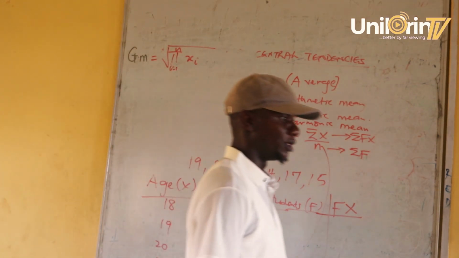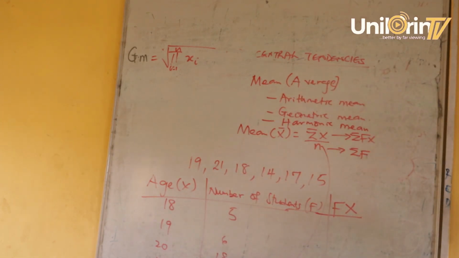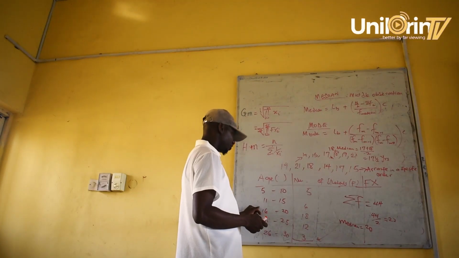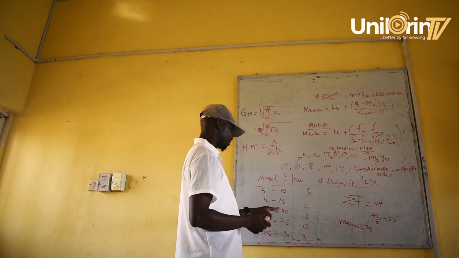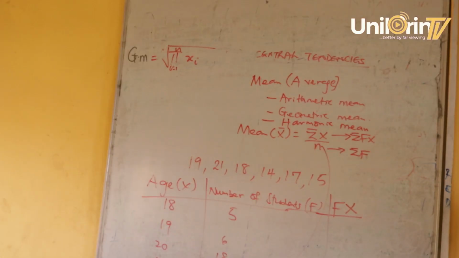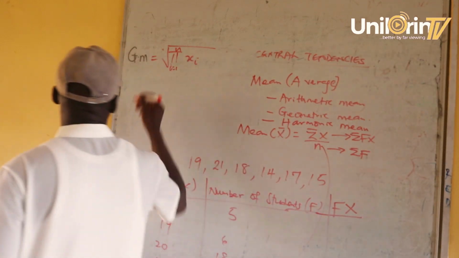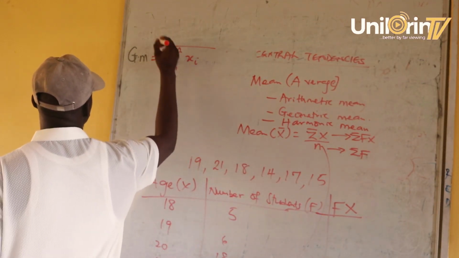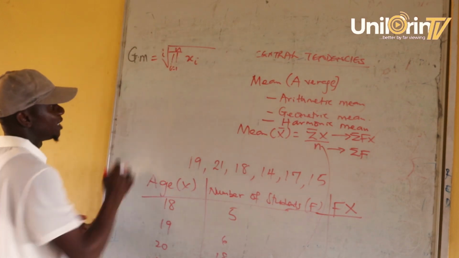And if you are dealing with frequency observations, you have summation fx over summation fi. So that is for the geometric mean, the product of the observations. Let's say you have high observations.